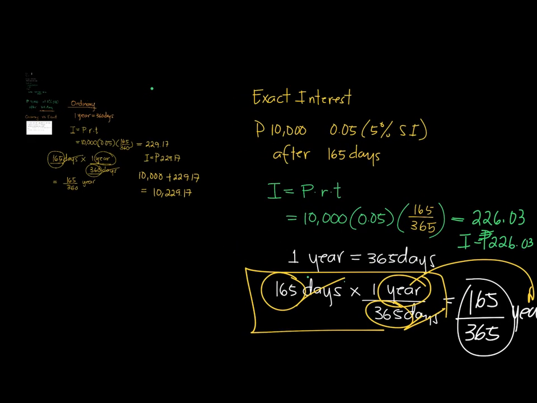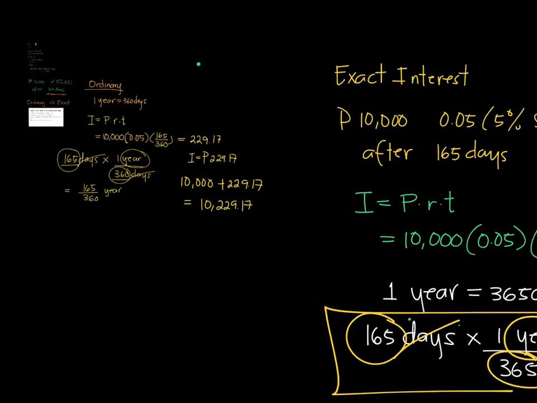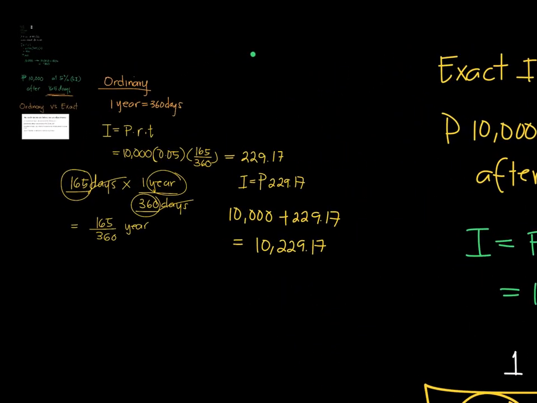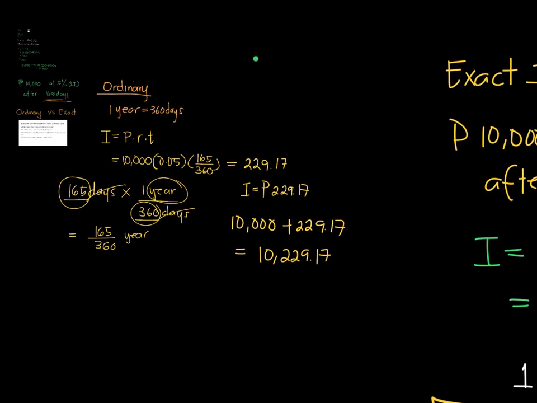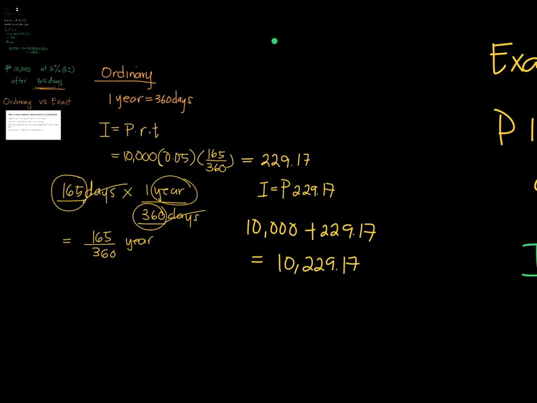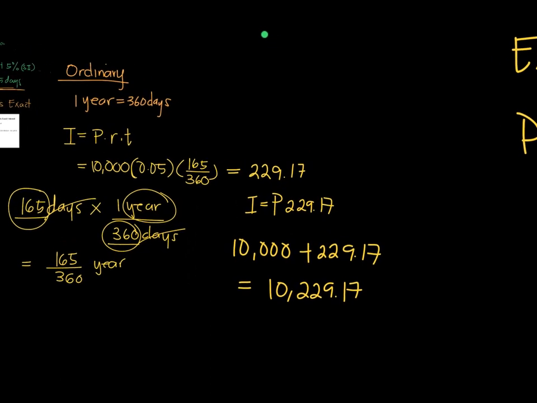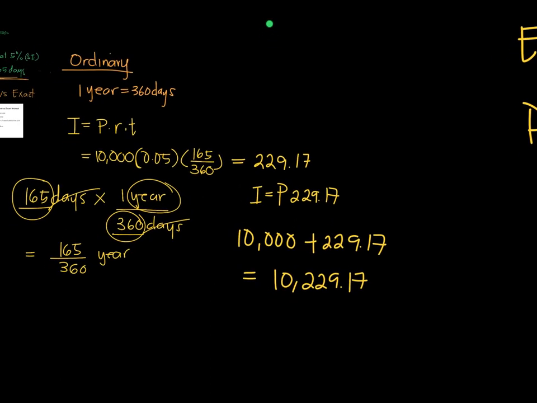When the time is given in years, we just plug in the number of years. But when we speak of ordinary or exact, and the time given is less than a year, and specifically in days, we have to convert them and follow the corresponding equivalent number of days per year.